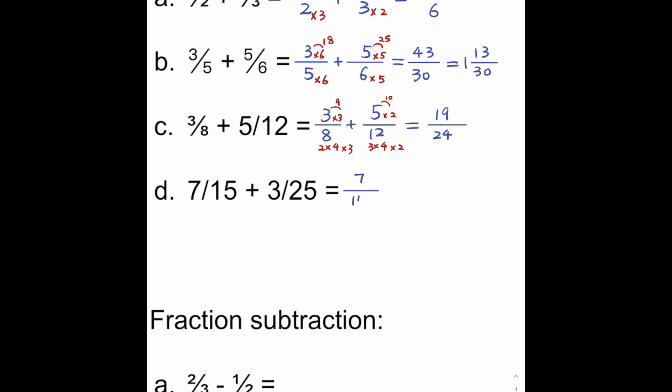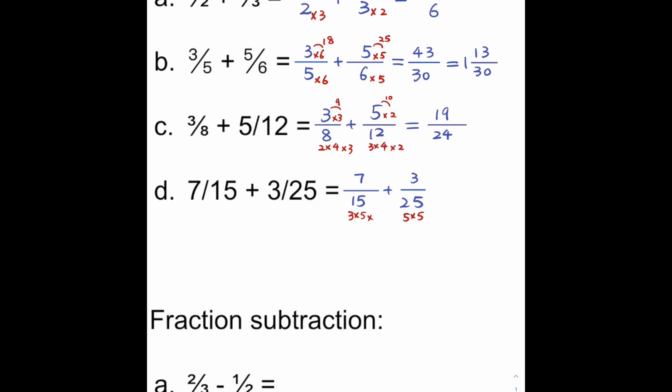Okay, this problem: 7 over 15 plus 4 over 25. So we decompose 15 into 3 times 5, and 25 is 5 times 5.